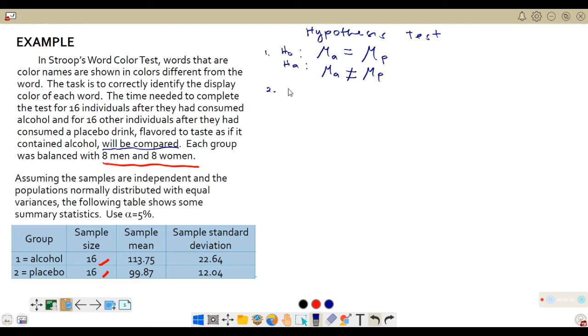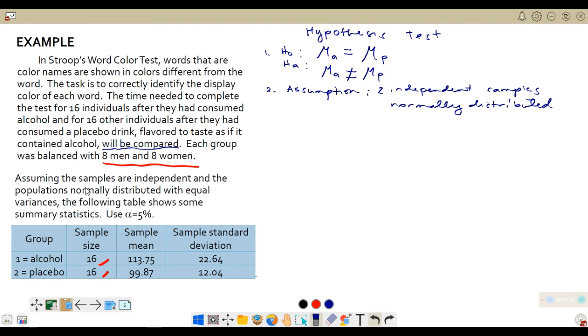Number 2, maglagay na tayo ng assumptions. So, sa assumptions natin, this is a problem for independent samples, 2 independent samples, and then nakalagay dito, normally distributed.